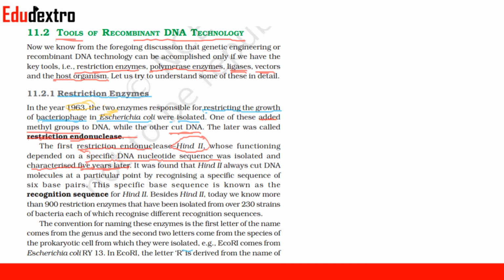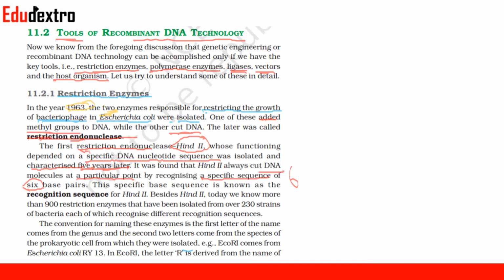So this was isolated and characterized only 5 years later. And it was found that HindII always cut DNA at particular points by recognizing a specific sequence of 6 base pairs. So the number 6 is important over here.